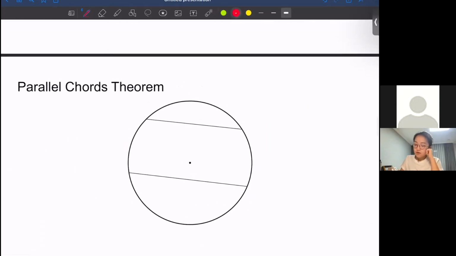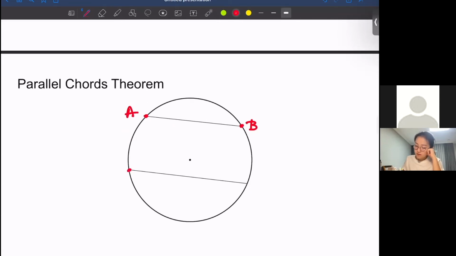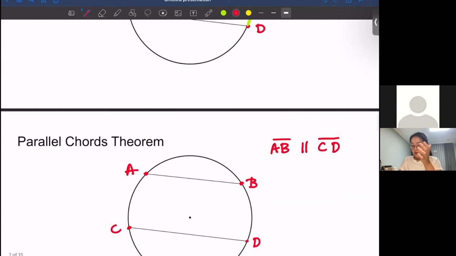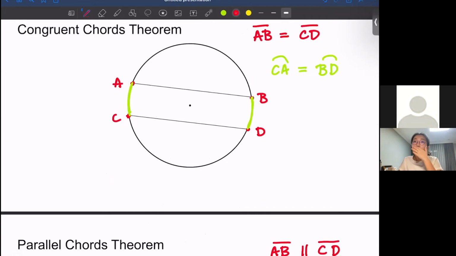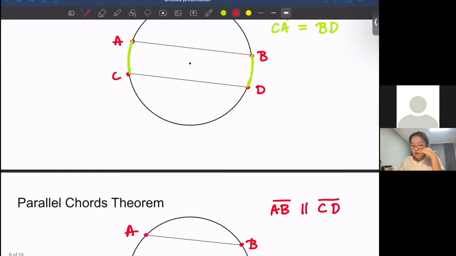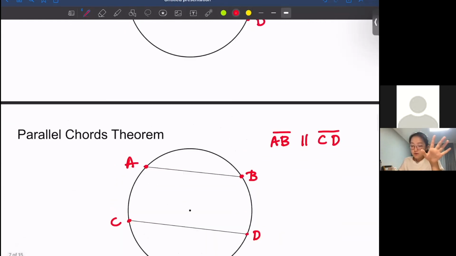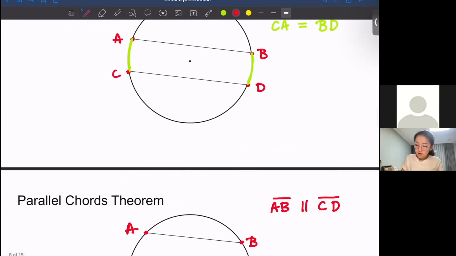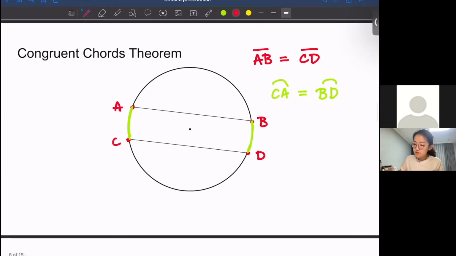And the parallel chords theorem. This is our chord AB, chord CD, and we will be given that they are parallel. Then, oh no, sorry. I confused it a little bit. Let me address this issue.